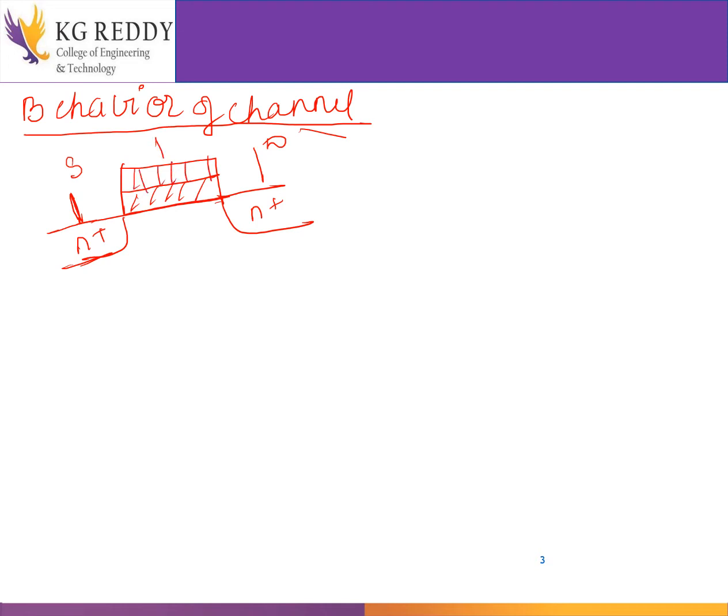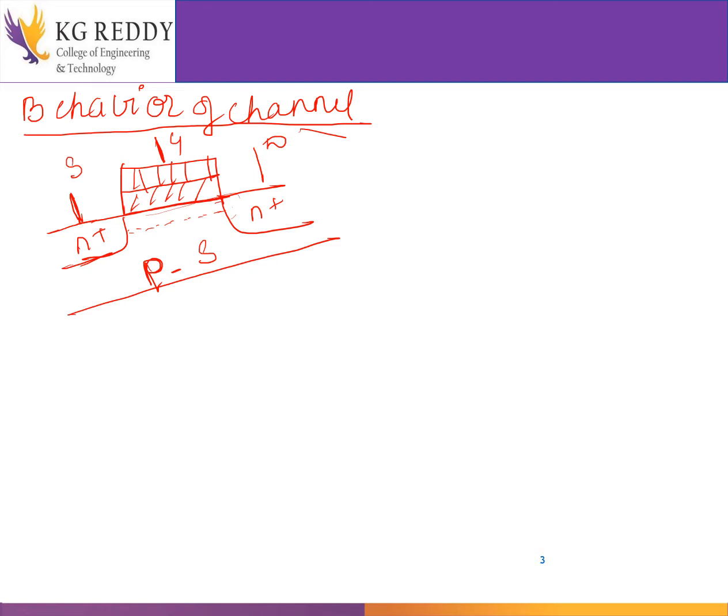Okay, this is the gate, and this is a P substrate. We know from the theory of the MOSFET that the channel formation will actually happen in this area.